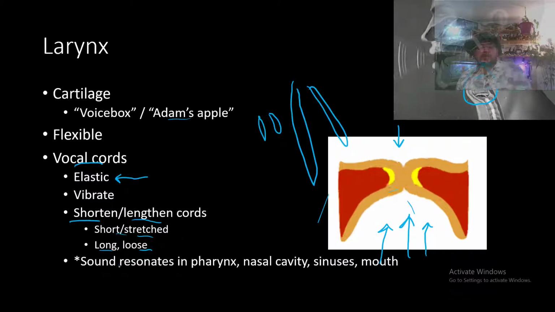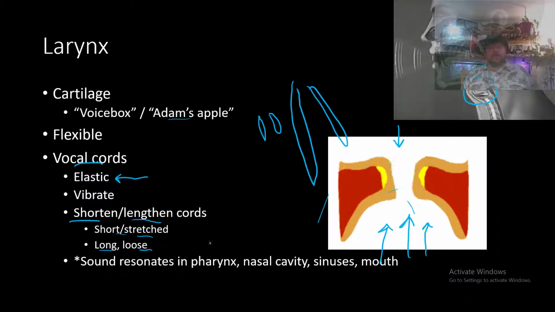And then, as I said, it's not just your vocal cords that are responsible for your sounds. It resonates in your pharynx, your nasal cavity, your sinuses, and it resonates in your mouth. And then how you've got your cheeks positioned and your nose, how much air is coming out of your nose, what your lips are doing, what your tongue is doing, right? All of that shapes it.